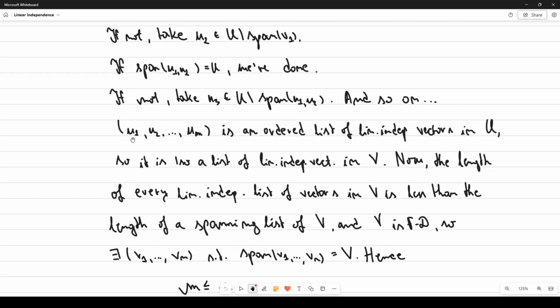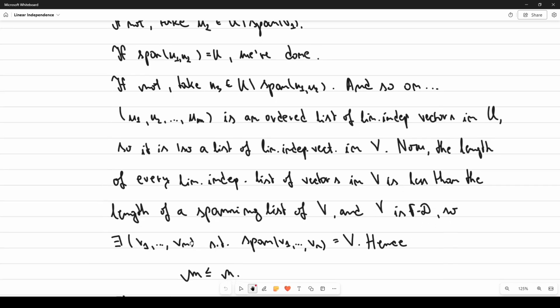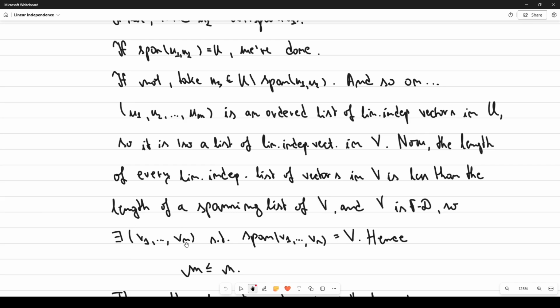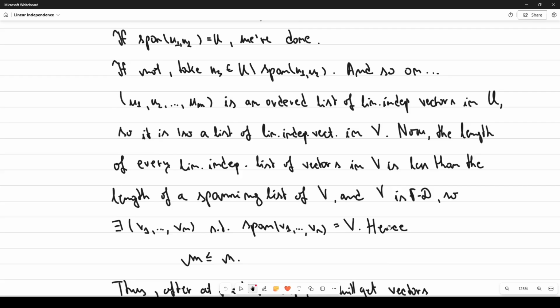And now since this is an ordered list of linearly independent vectors in U, and U is a subspace, then it is also a list of linearly independent vectors in V. Now the length of every linearly independent list of vectors in V is less than or equal to the length of a spanning list of V. And our vector space V is finite dimensional, so we know that there exists some v1 all the way to vn such that they span the vector space V.